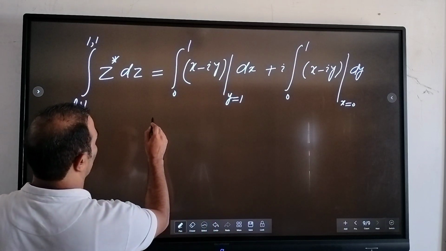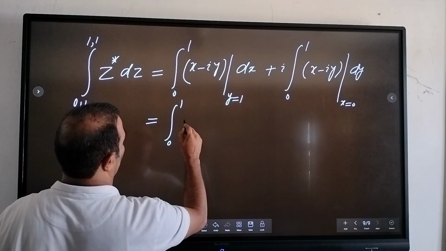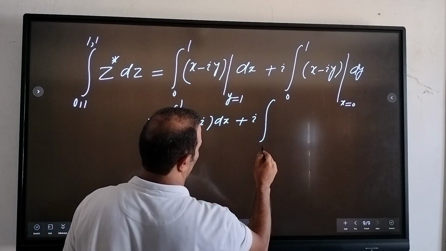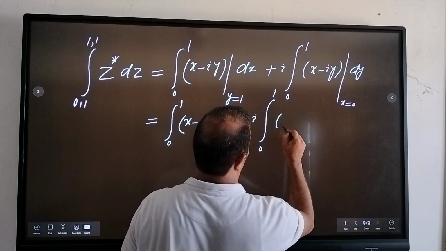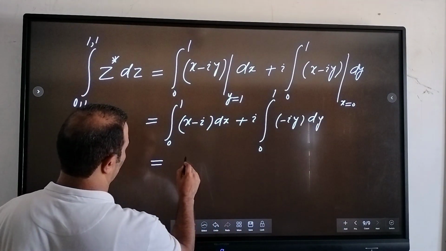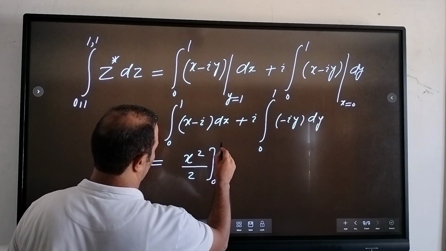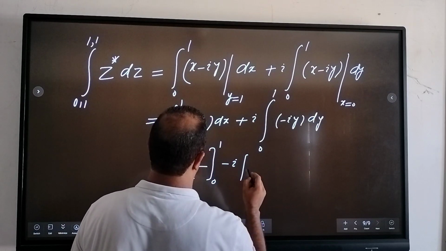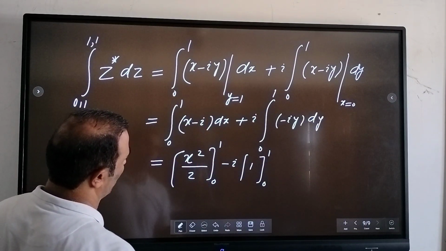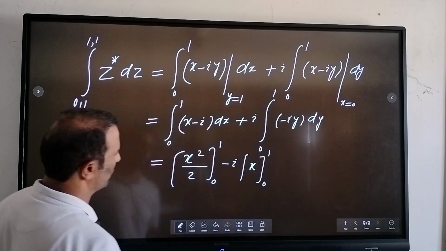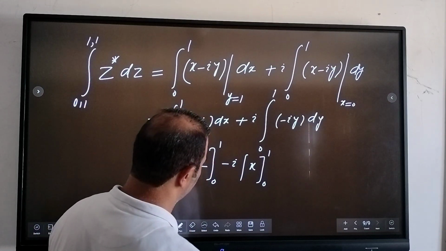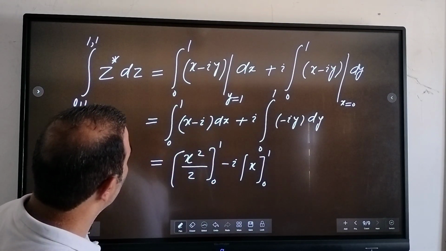Because y we have to take as 1 here. So this will be equal to, okay, sorry, x delta x, delta x, because you need to integrate this.